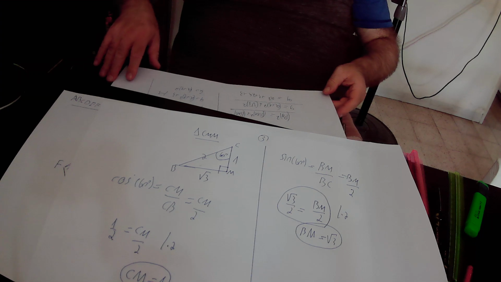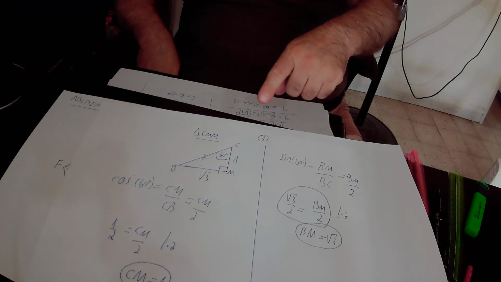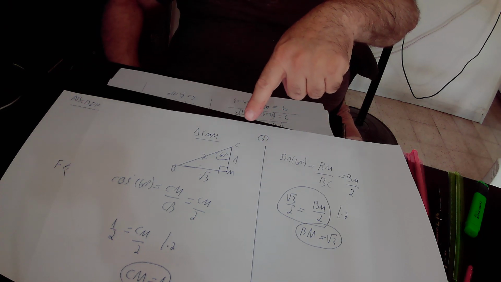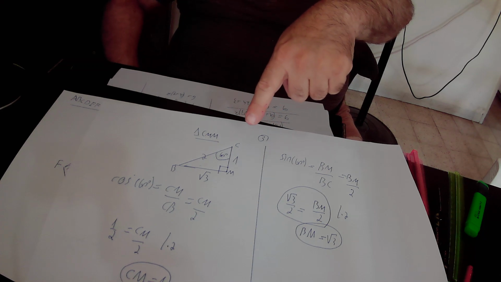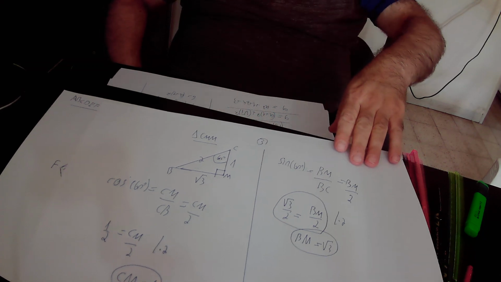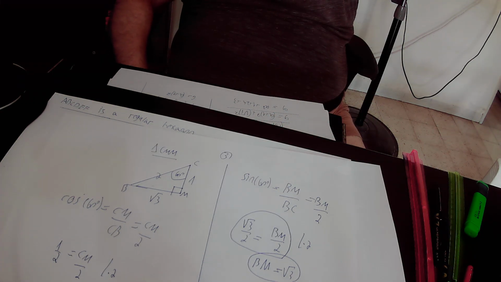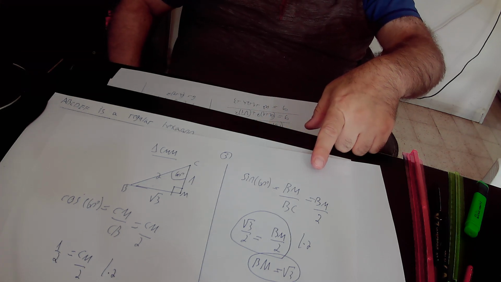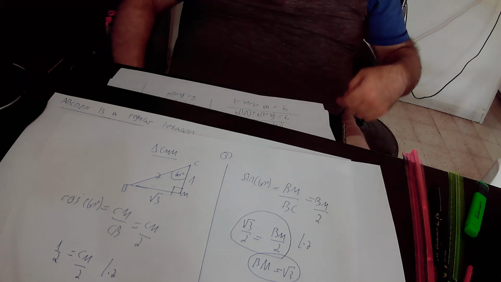Then in this triangle CBM, sine of 60 degrees equals BM over the hypotenuse BC. BM is the missing line segment, so we leave it as it is, and BC is 2, therefore we can substitute BC by 2.